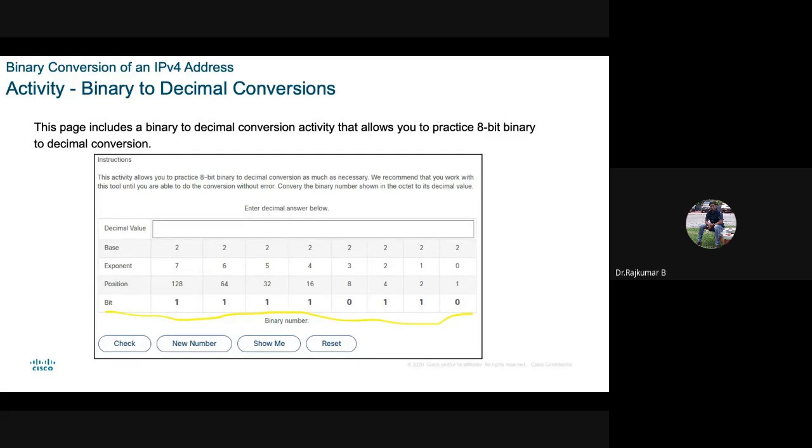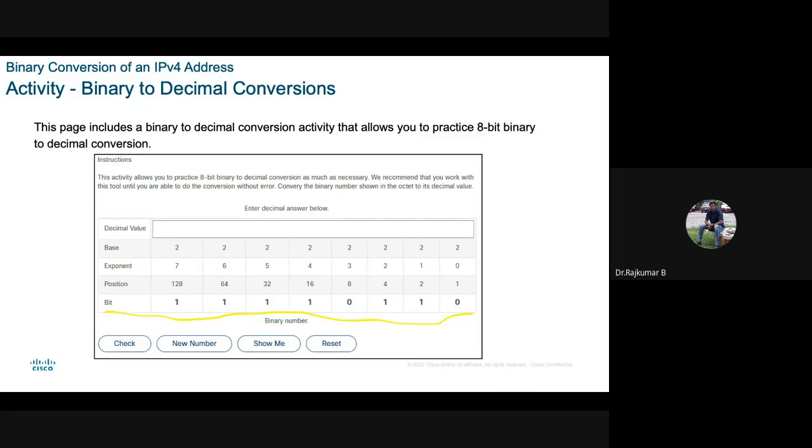The binary IP address value should be converted into the decimal one, and find what is the value of this. 246.